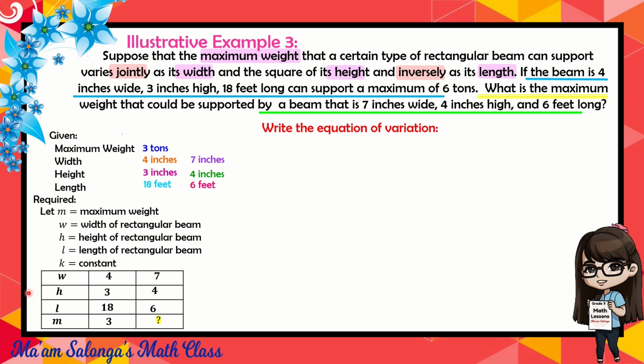Since k is 3, all we have to do is to replace it with the value of 3. So we have M equals 3WH squared over L. Then solve for the unknown. The unknown is the maximum weight, M.